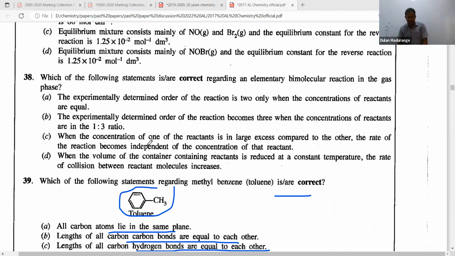Actually, elementary bimolecular means the molecularity is 2. For this question, the answer given is only D is correct.